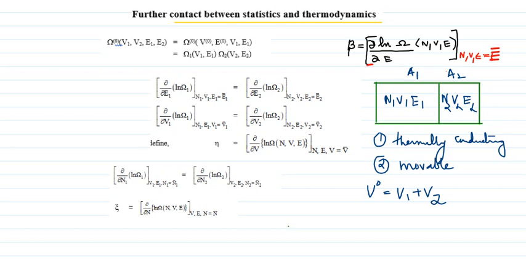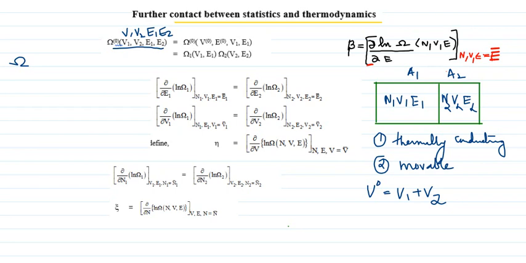In our earlier case we had at first deduced what omega was. Here also we are doing that. Omega of the composite system depends upon V1, V2, E1 and E2 obviously, and that would be equal to omega 0 of V0, E0, V1 and E1.